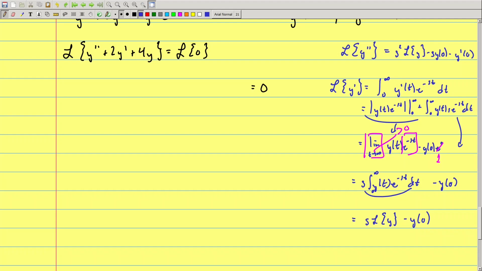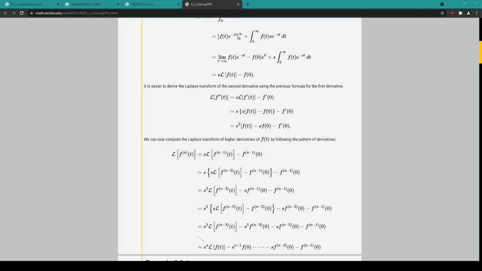The work is done a little bit more carefully in section 6.2 of the notes, showing how these computations go. But basically the pattern follows.